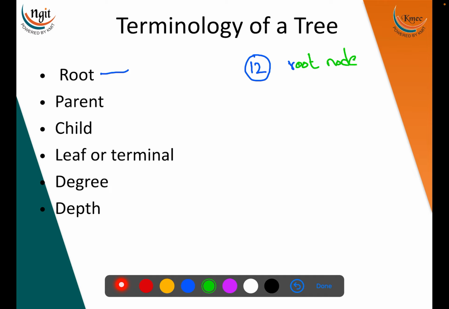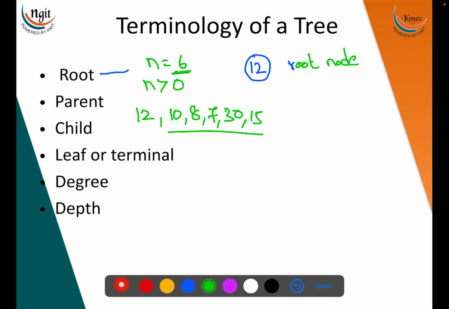Assume that my n value is 6. Now n is greater than 0. The 6 elements are 12, 10, 8, 7, 30, 15. These are my n elements.